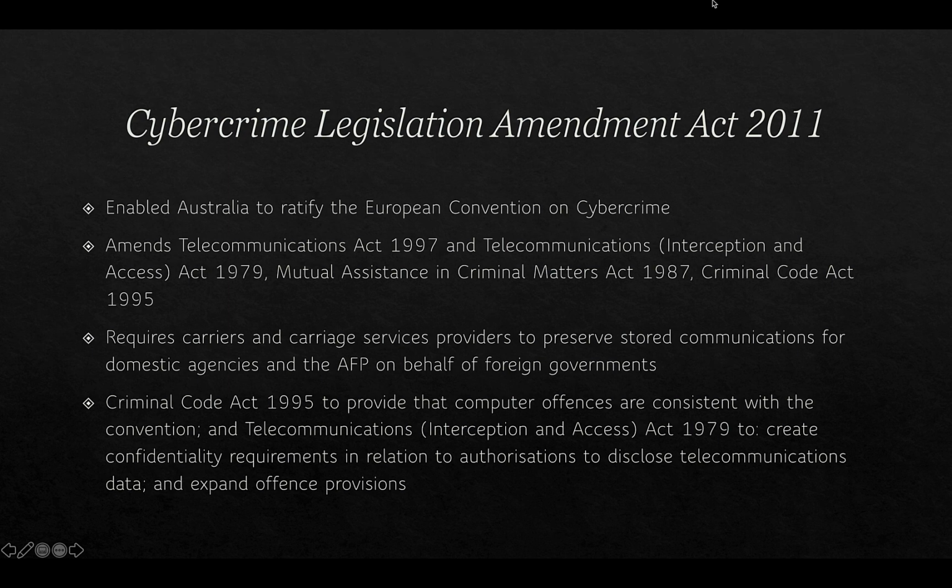So this is part of the European Convention, essentially providing that access. Again, some other things to do with the European Convention on Crime basically created confidentiality requirements in relation to authorizations to disclose telecommunications data and expand offence provisions.